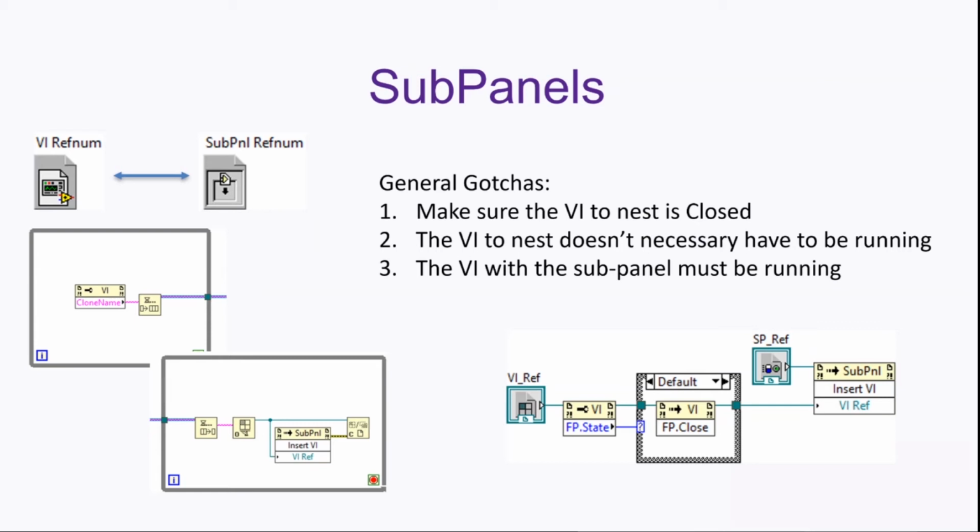So I tend to do something like this, where this is an asynchronous process, it's a loop running somewhere. I send a message with the clonable name to the other loop that has the subpanel. I can then insert it. So I just go from the name, open a reference, and insert it.